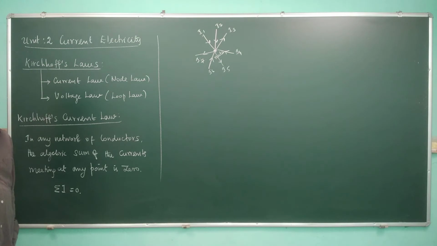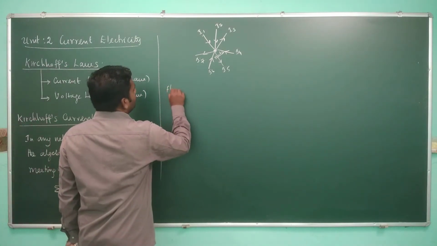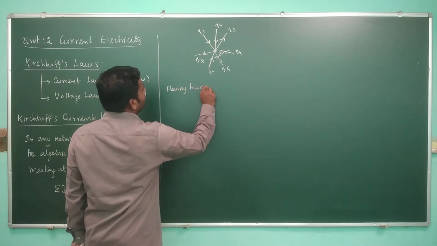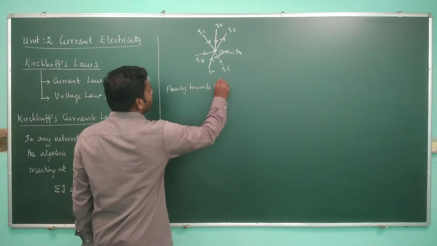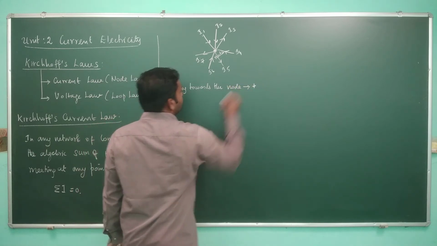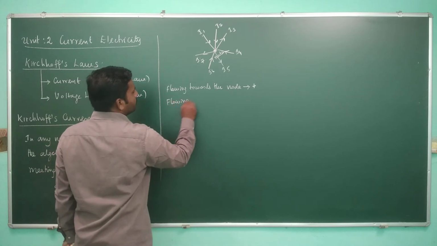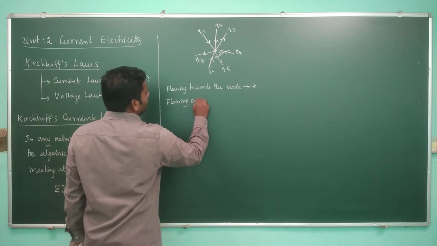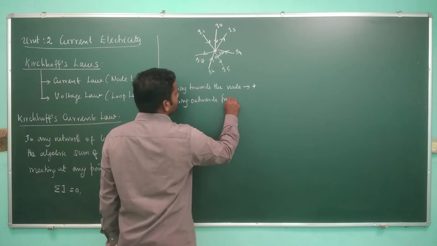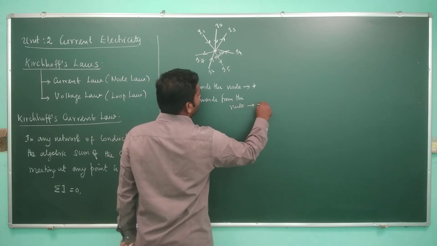While taking the sum, if the current is flowing towards the node, then we have to put plus. If the current is flowing outwards from the node, then we have to put minus.